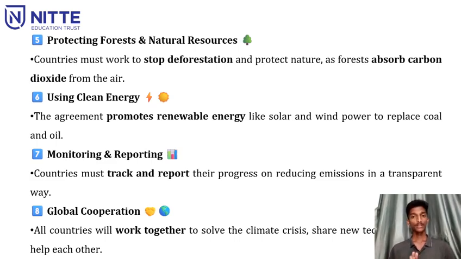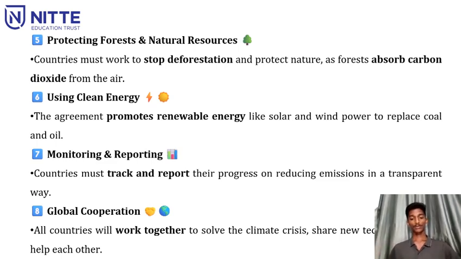So the countries must keep track of all the action plans, like whenever they are implementing a protest or spreading awareness. While keeping the reports, we can understand clearly where to improve. As you know, reporting is very helpful.